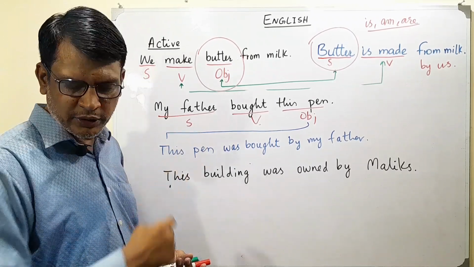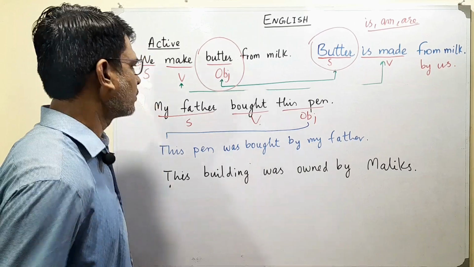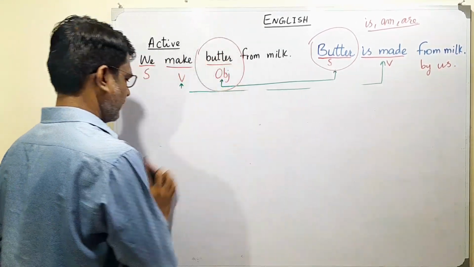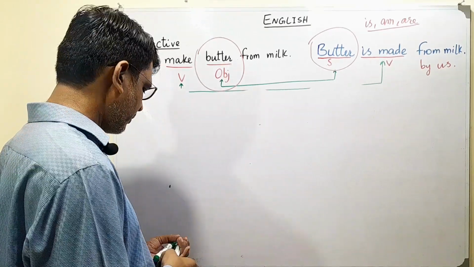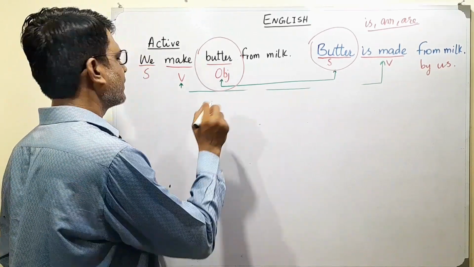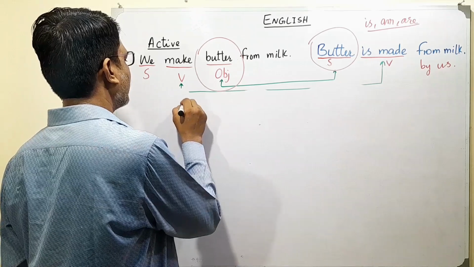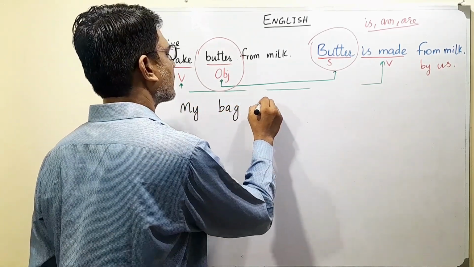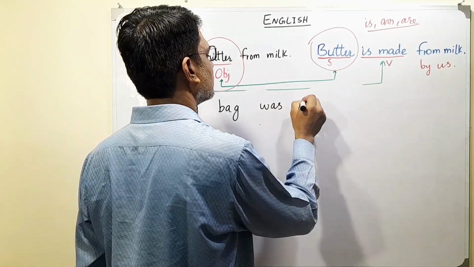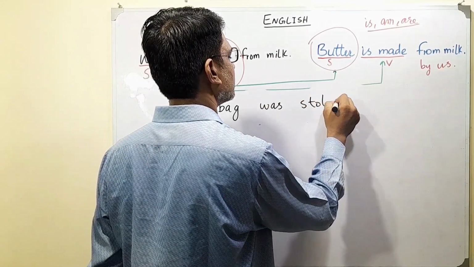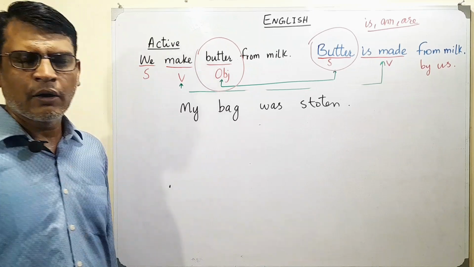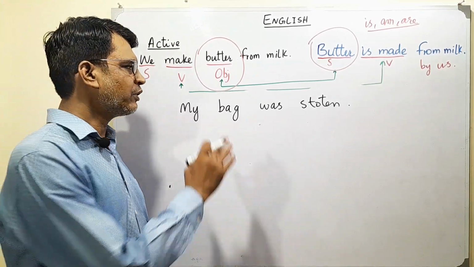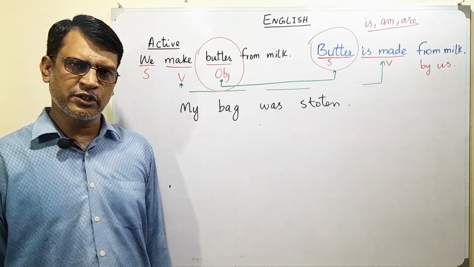Like if you could remember an example that I wrote in the explanation, the example was that when you say, for example, my bag was stolen. Now, because I do not know who did it, therefore I am using this passive structure.